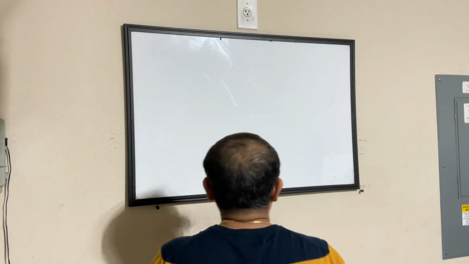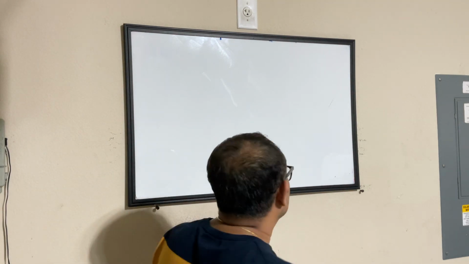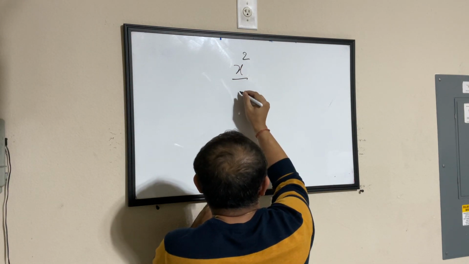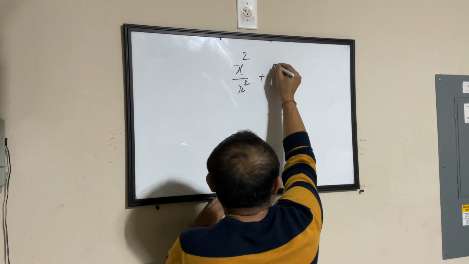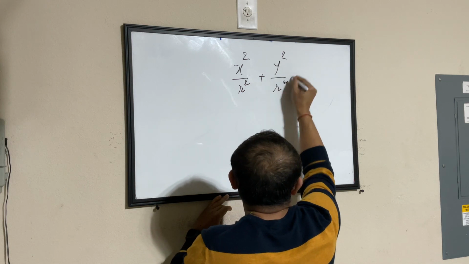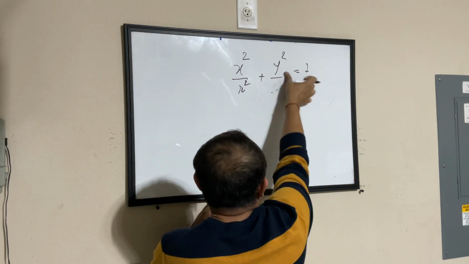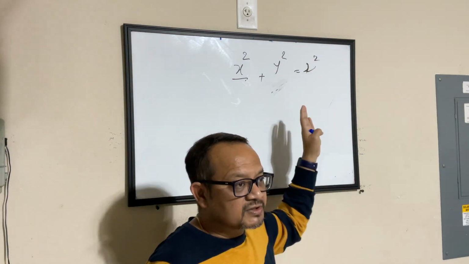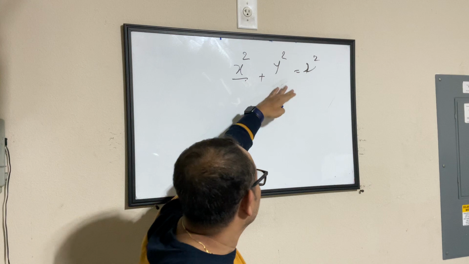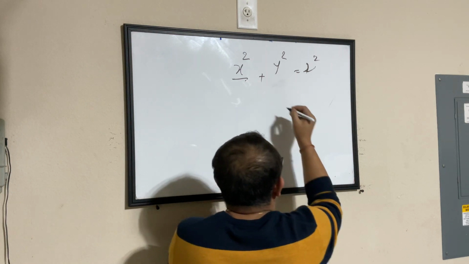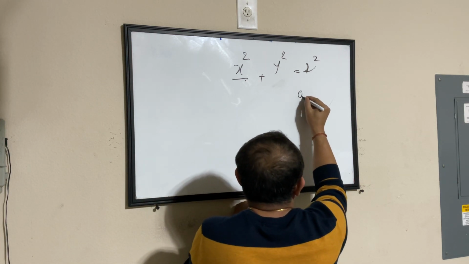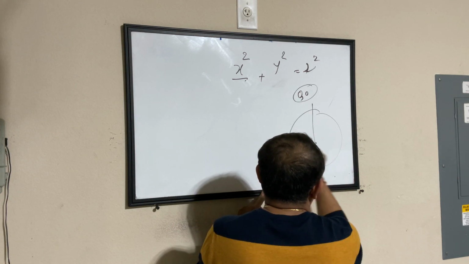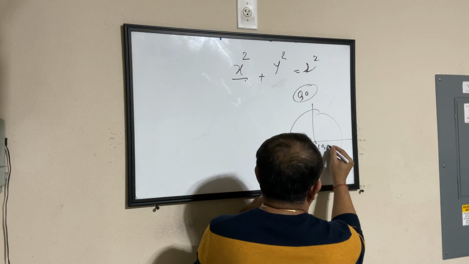So you all have seen the circle equation enough. x squared by r squared plus y squared by r squared equal to 1, or you can say x squared plus y squared equal to r squared. This is a form of a circle equation where just by looking at this, you know that the center of the circle is at the origin, 0, 0.